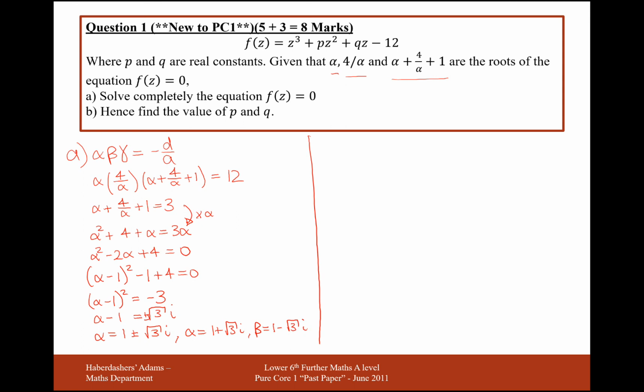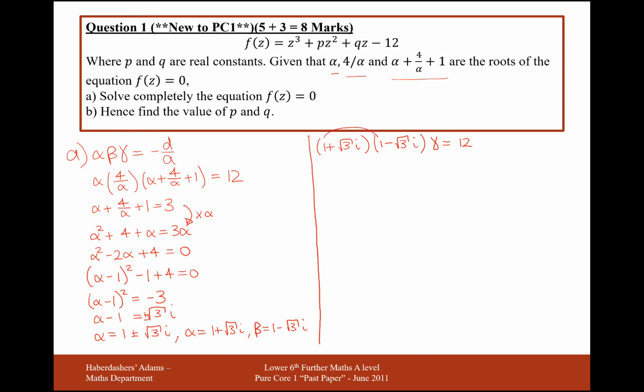Now I can get the third root, gamma, by going back to my original equation, multiplying all three roots together to get minus d over a. So alpha was 1 plus root 3i, beta was 1 minus root 3i, gamma we still don't know, and we had a 12 at the end of that equation. So let's expand these brackets.